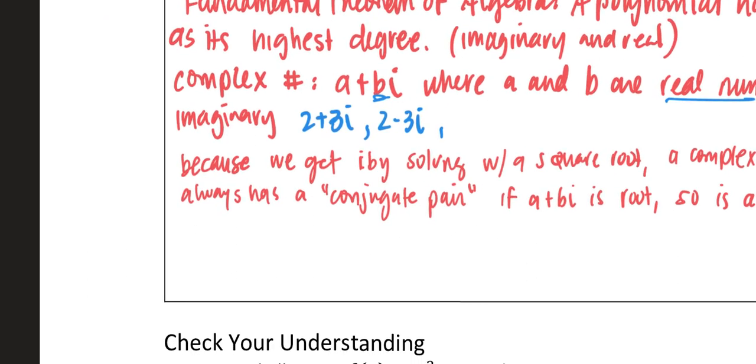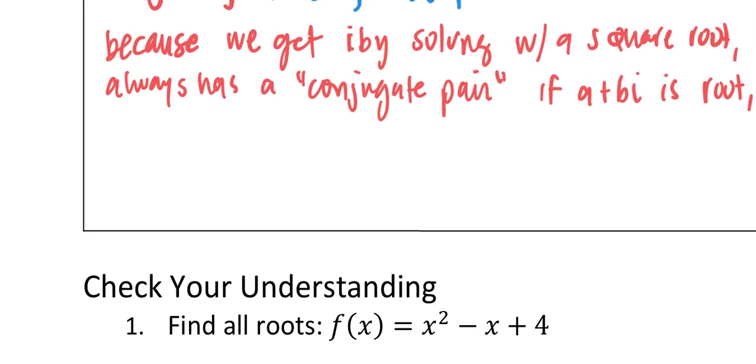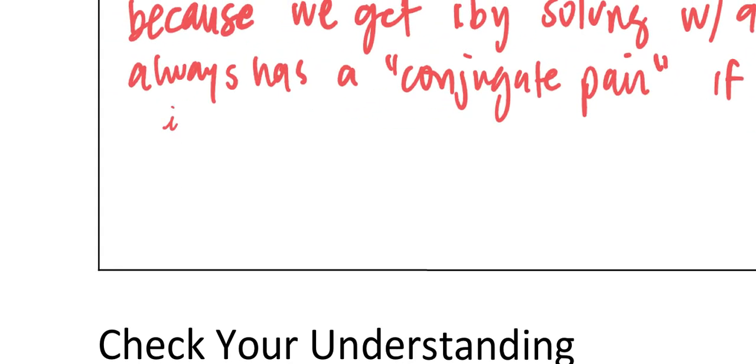Okay, and then one last thing, we're going to talk about the pattern of i. So i is the square root of -1. i squared is the square root of -1 times the square root of -1, which would just be -1. i cubed would be i squared times i, which would be -1 times i, so this would be -i.